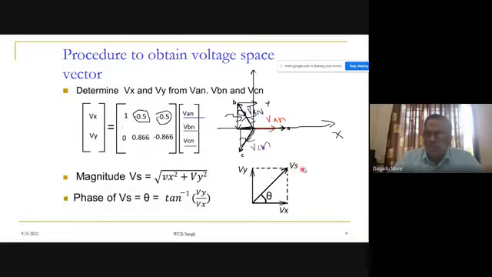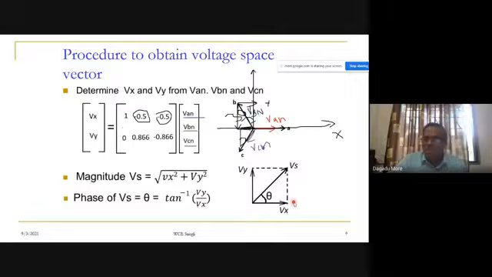This is the magnitude of the voltage space vector. And for this theta, we take tan theta, that is the front side divided by the adjacent side, Vy by Vx. So theta will be tan inverse of Vy by Vx. So we find out the magnitude of the space vector and we find out theta.